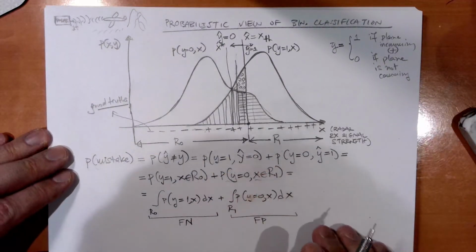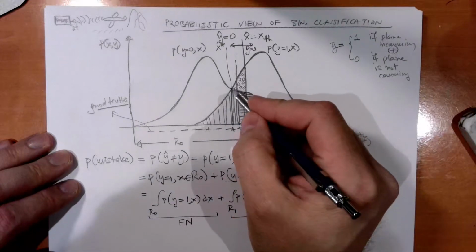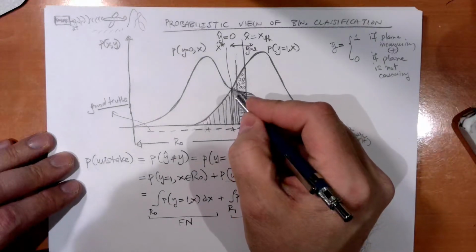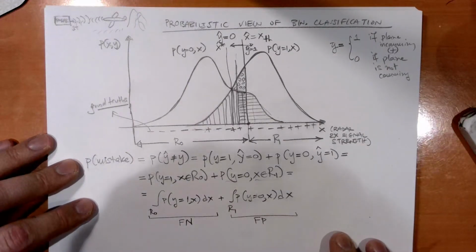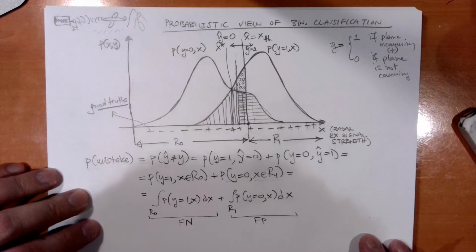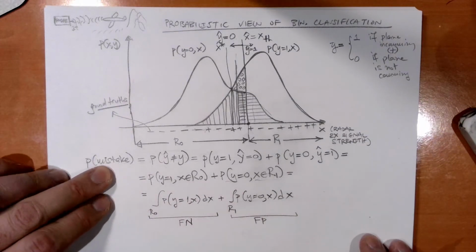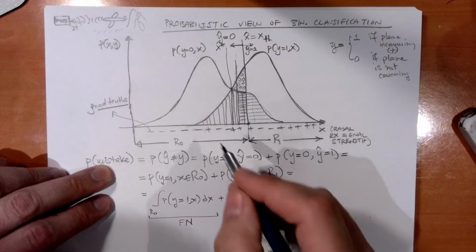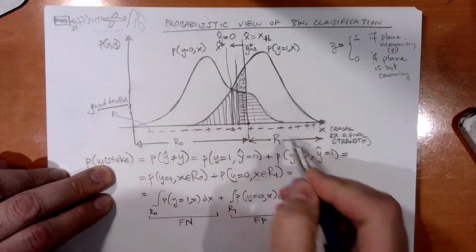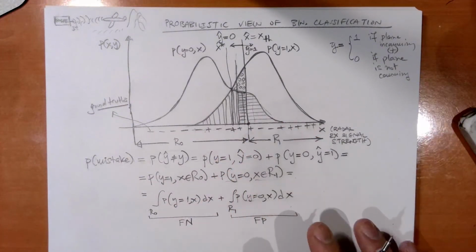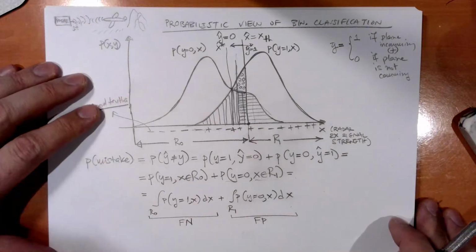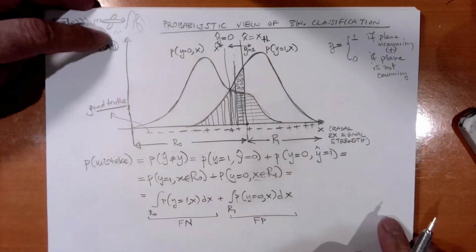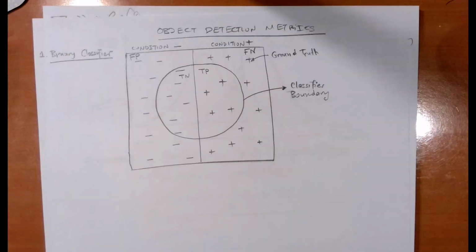Therefore, we have achieved a threshold, with this threshold, a situation where the false negatives are minimized. So the total probability of mistake is minimized because effectively we minimized the total area under both of these distributions that are associated with the total probability of mistake.